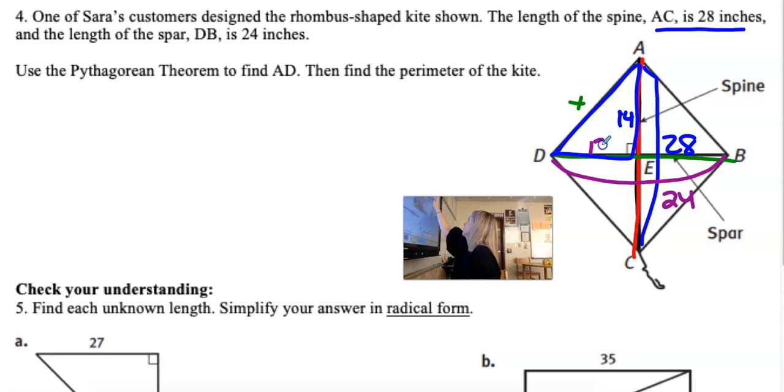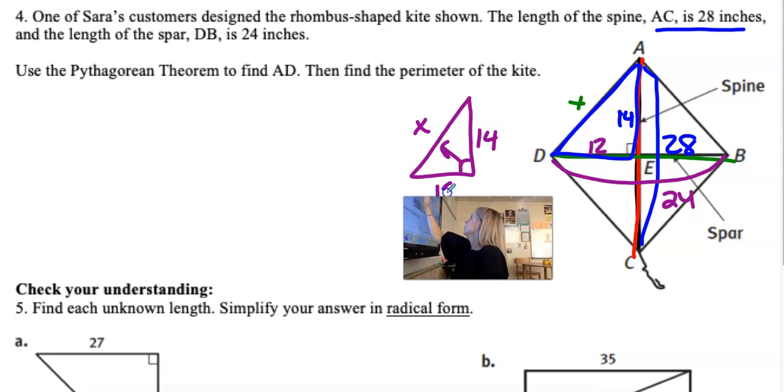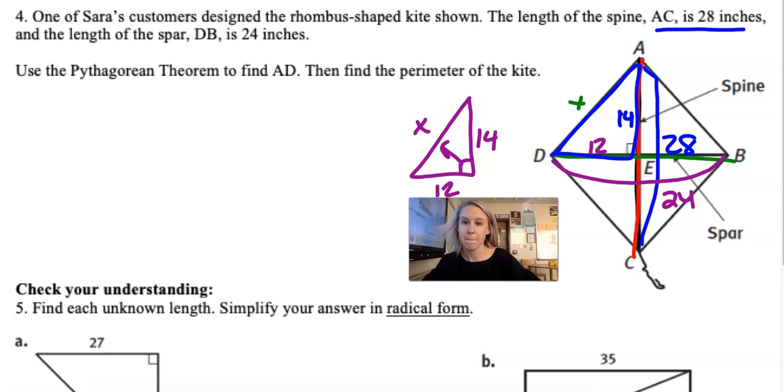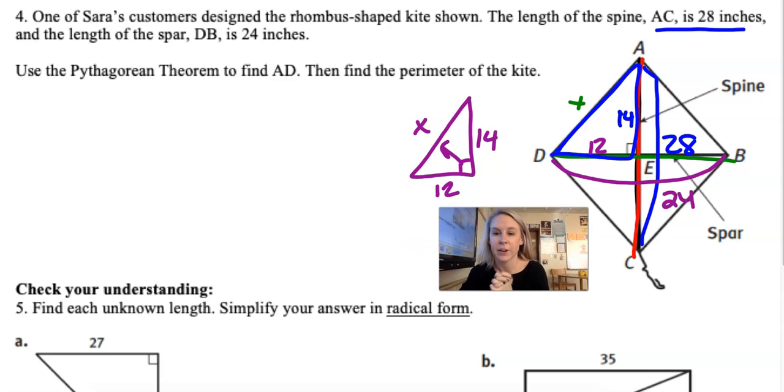Okay? So I'm going to redraw that so you can see it better. I'm trying to find the hypotenuse, and I know the vertical length is 14, and the horizontal length is 12. Okay? So I can do my Pythagorean theorem. I'm looking for sides. I have a 90-degree angle.